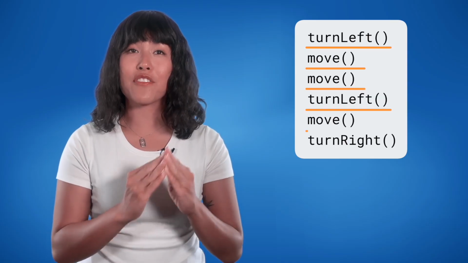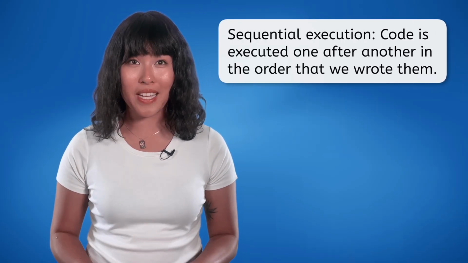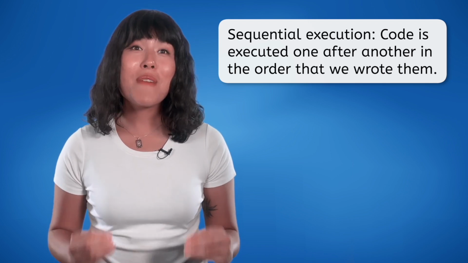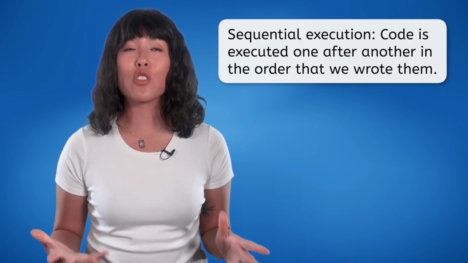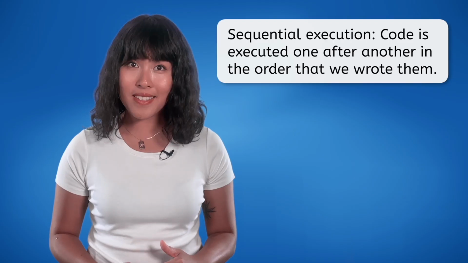All of the steps will be executed one after the other in the order that we wrote them. This is called sequential execution and is the way most computer programs are run. The main advantage of sequential execution is that it provides order and predictable results each time the code is processed.